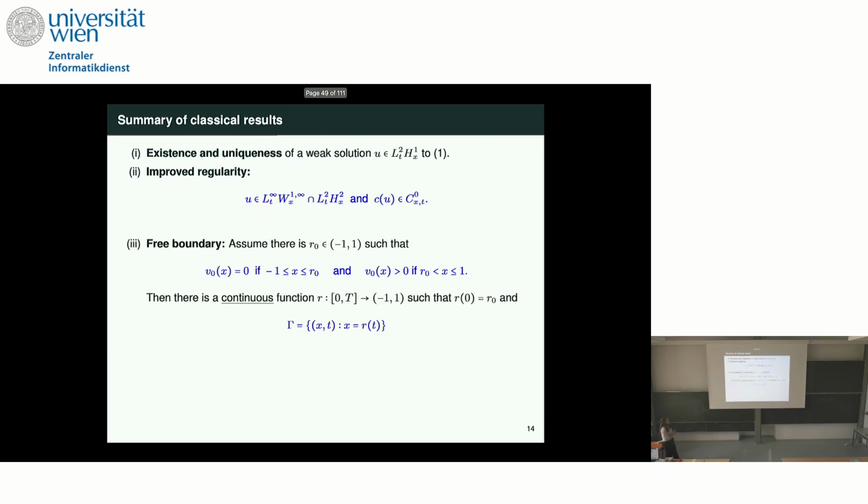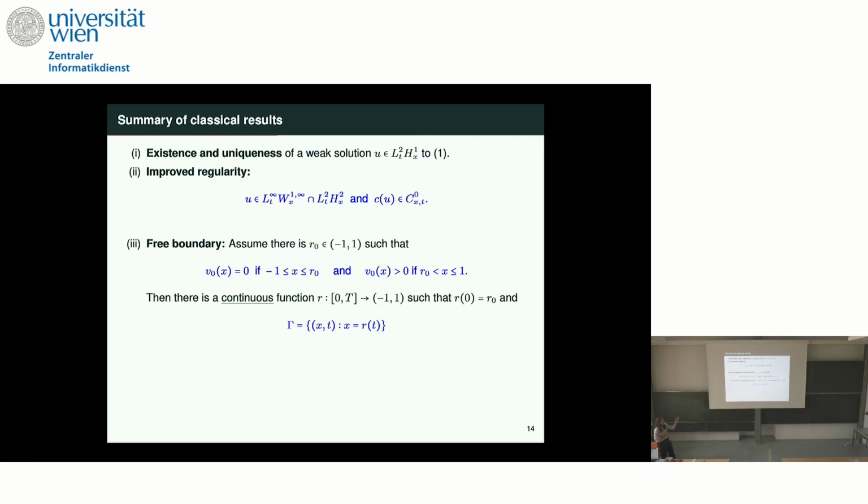Okay, what about the free boundary? So here, what they prove is that if the initial condition is 0 to the left of some number, and then it's positive to the right, okay? This is to say that the interface starts at that point, and then it's going to be a continuous function, so the zero level set is given by the graph of this function R, okay?